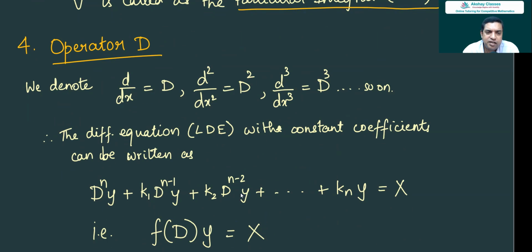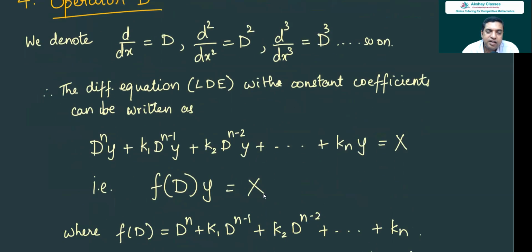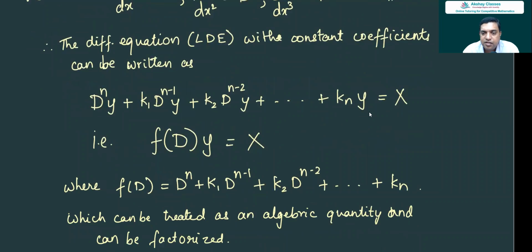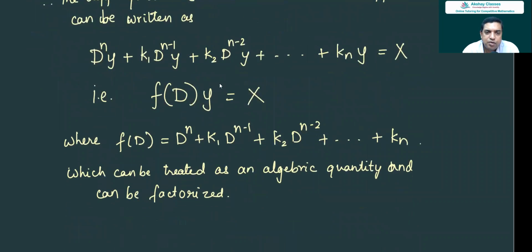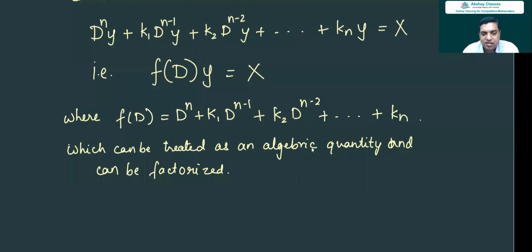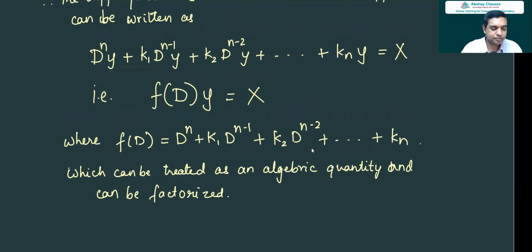Instead of each time writing d to the power n by dx to the power n, we can use this operator, which makes things easier. So D^n y plus k1 D^(n-1) y plus k2 D^(n-2) y, and so on, plus kn y is equal to X. If we take y common, we get a polynomial in D, and this can be factorized. Up to here, we discussed this.